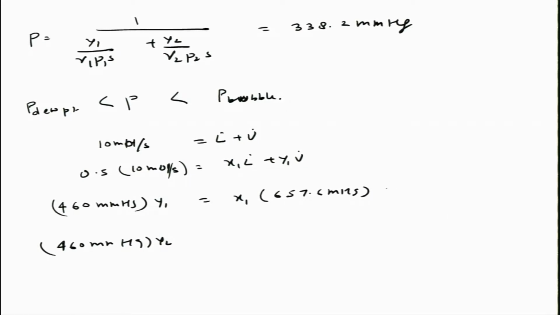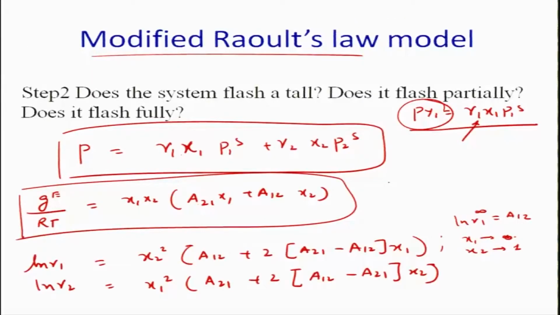The gamma you can now write out in terms of exponential. See, gamma is this, right? So gamma 1 will be the exponential of this term.